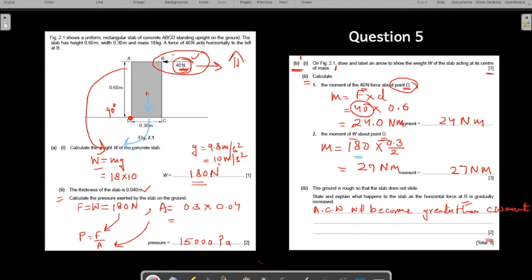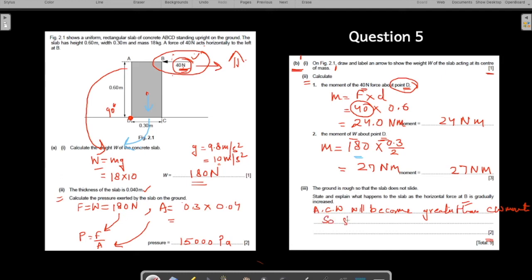Please write your answers in full terms. You will not say A, C, W, you will say anti-clockwise moment will become ultimately greater than the clockwise moment, and therefore the slab will topple and fall down.